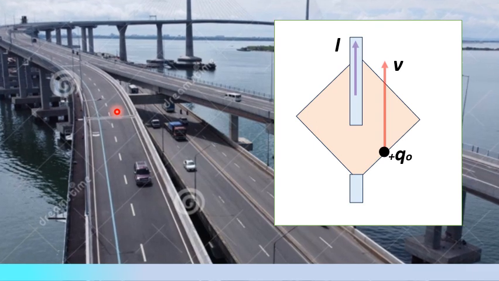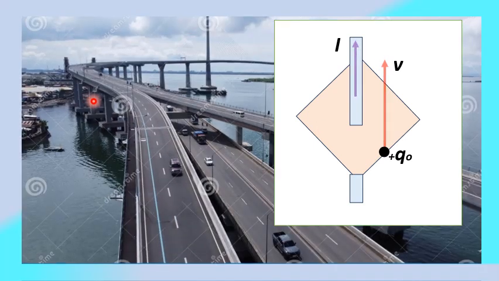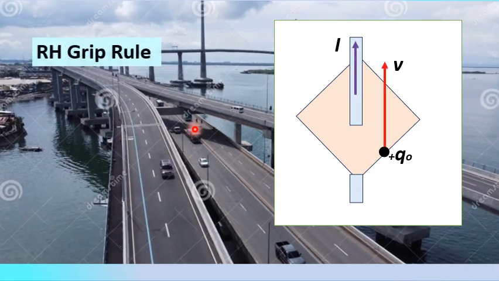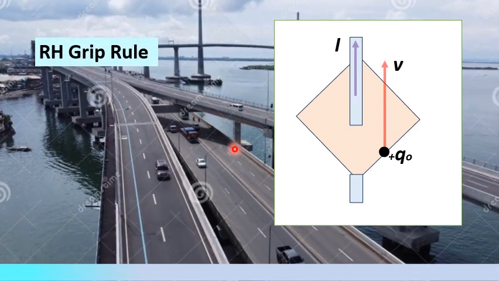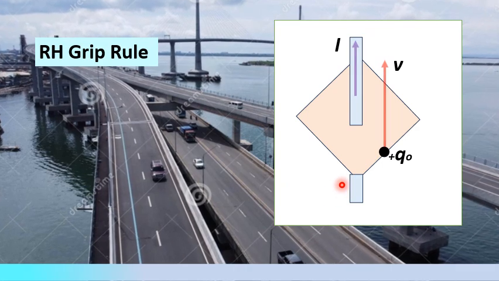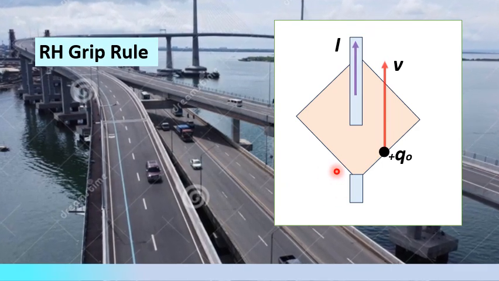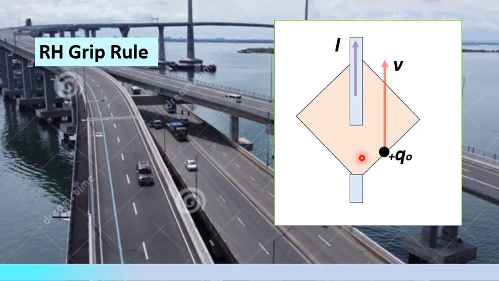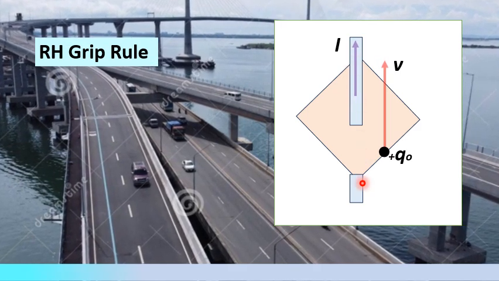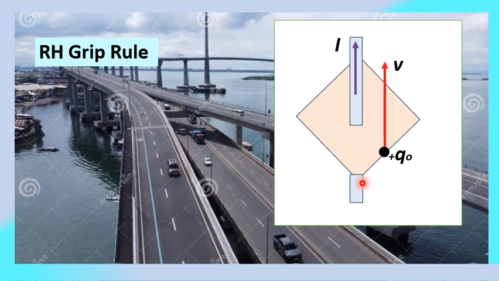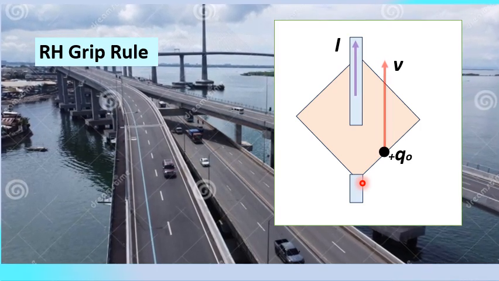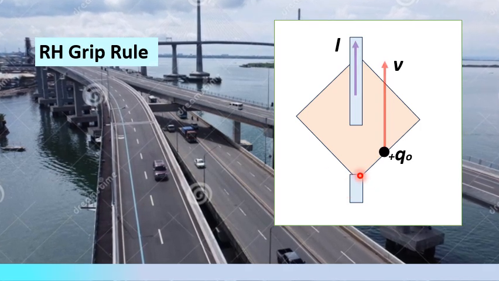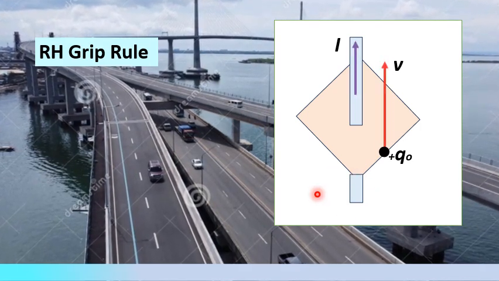And we want to determine the direction of the induced magnetic field. So we use the right hand grip rule, where your right thumb represents the direction of the conventional current, and the four fingers, when curled while gripping the wire, represent the direction of the magnetic field.